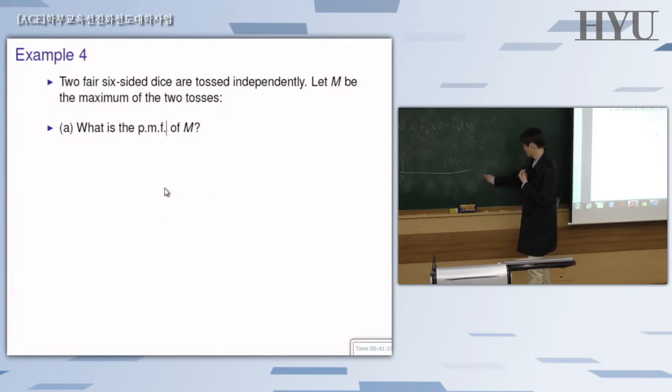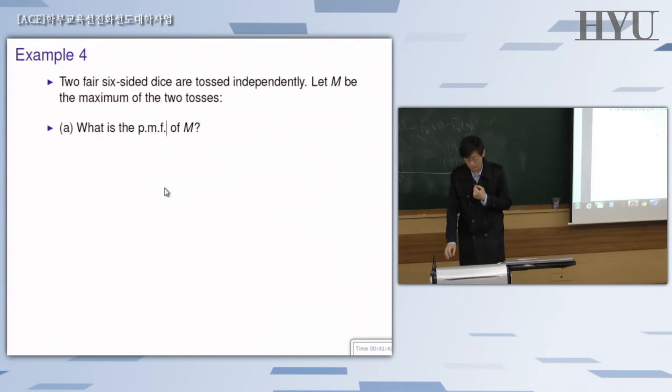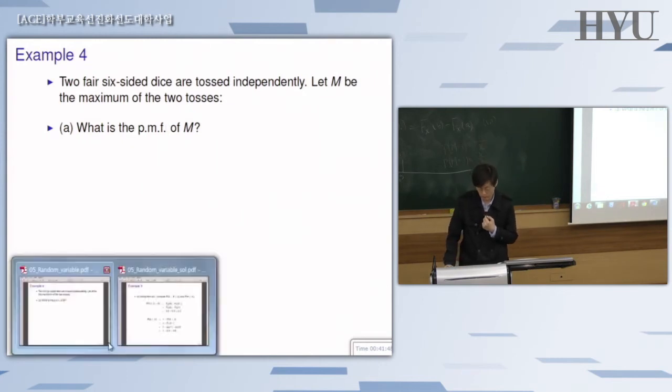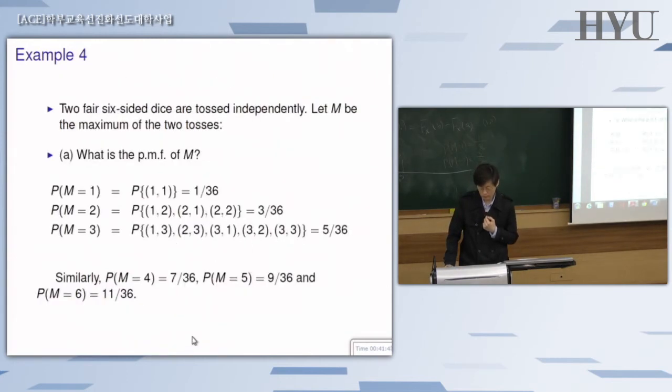It could be 1 and 2, or the opposite case, 2 and 1, or 2 and 2. So 3 of them. So you just have to tediously count each one of these possible outcomes. But if you do it correctly, you should get something like this.